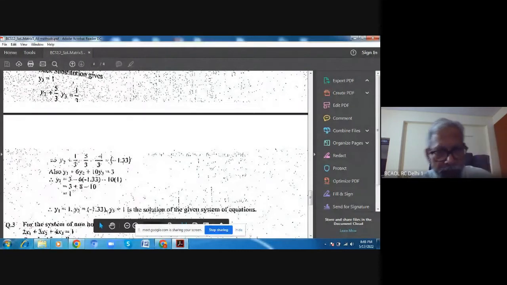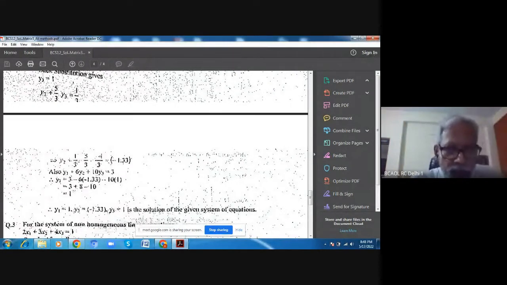Now the unique thing here is that it may be a question in the MCQ type. Values are the same, whatever the method: Cramer's rule, inverse matrix, or the reducing process, the Jordan process.